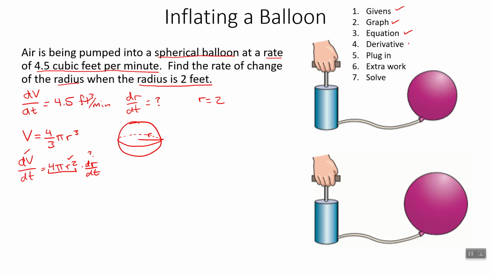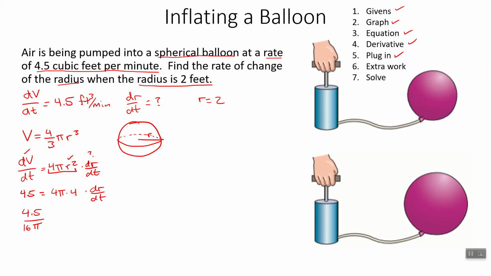So we go to our next step. We took a derivative. Now we're going to plug in. So dV/dt equals 4.5. We get 4 pi times r squared. So that's going to be 2 squared, which is 4, times dr/dt. So we're just going to divide here. We get 4.5 divided by 16 pi. It's the rate of change in the radius per time.